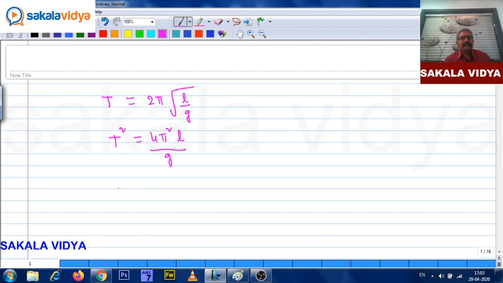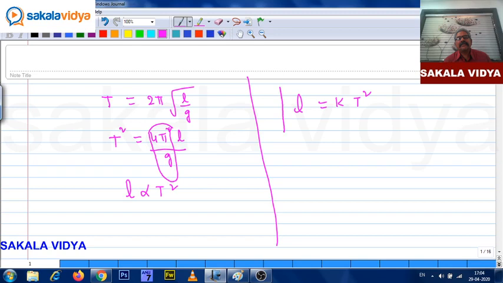So, this 4 pi square by g is constant, that means L is proportional to T square, or we can say that L is equal to some constant times T square. This is the relation of the simple pendulum formula.